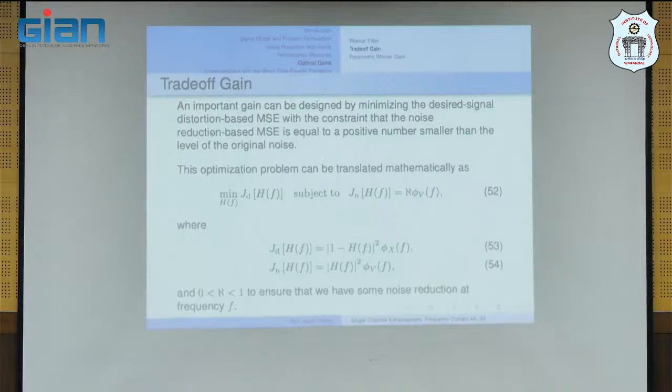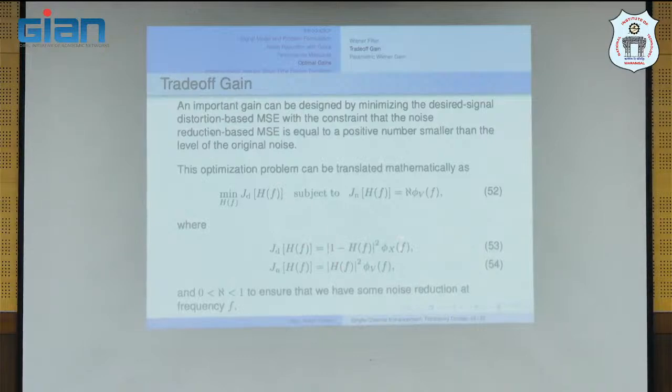So the trade-off gain, also similar to the time domain, but instead of working with the MSE, we define a different problem. We try to minimize the MSE-based signal distortion, JD, because we know the MSE is composed of two components.